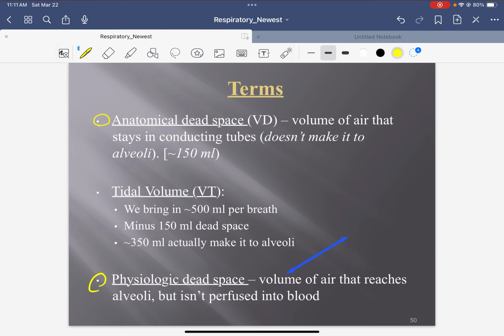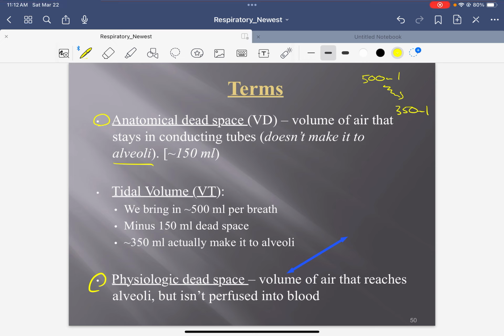If we breathe in about 500 mils of air, that's what tidal volume is, and that 500 mils of air begins its journey down the respiratory tract, only about 350 mils make it to the alveoli. And this is because some of that air is trapped or filtered out by the cilia.